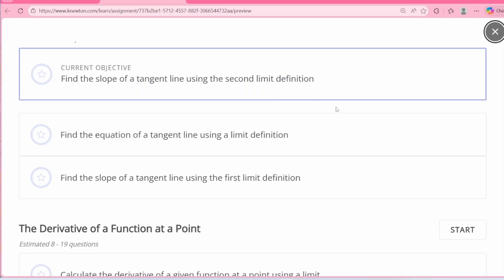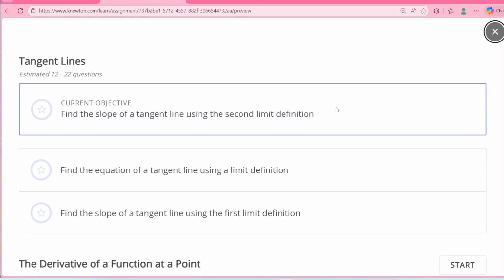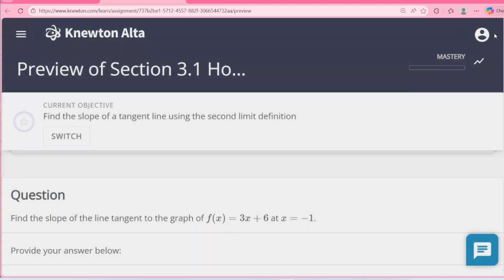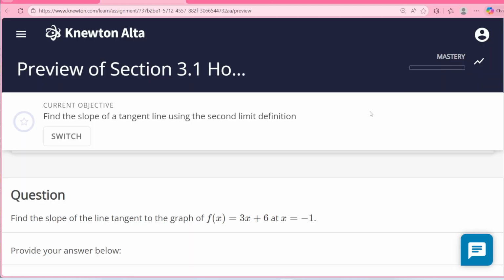Both of these are the same thing, just in a different look, a different disguise. So I'll go over both definitions here with you right now. So again, the slope of a tangent line is also referred to as the derivative of a function at a particular point.